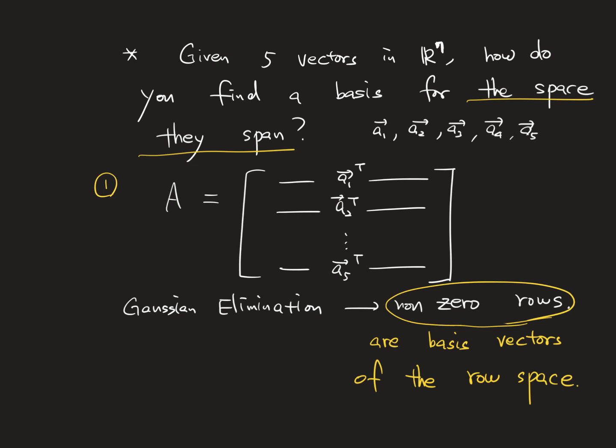The important thing is Gaussian elimination does not change the row space, but Gaussian elimination changes the column space. So when you want to find something related to the row space, you need to write the vectors as rows. Otherwise, when you apply Gaussian elimination, the column space will be changed after some elimination step and elementary row operation.